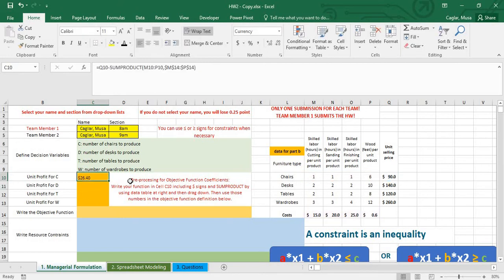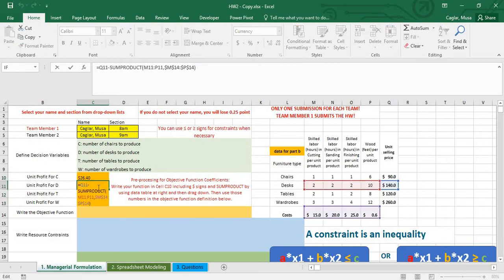When I drag down the formula, I have dollar signs. This is the unit profit for D. As you can see, the dollar sign range is fixed, but the resource usage for this desk is now calculating the corresponding desk row resource usage.